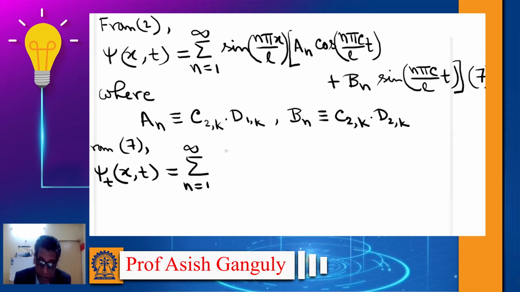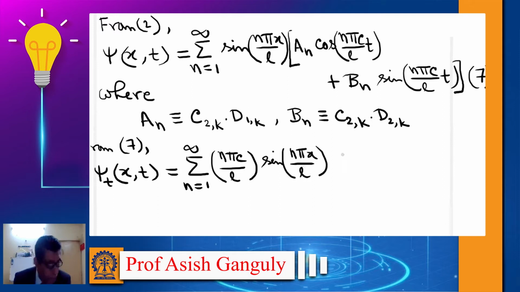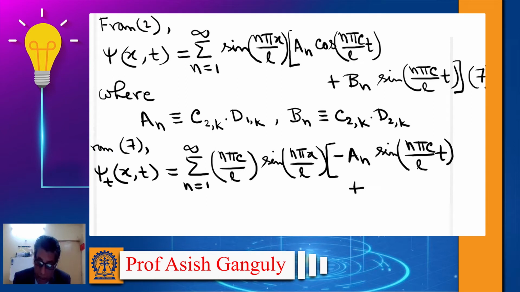So n pi c by L, sine n pi x by L times minus An, naturally, sine n pi c by L t, plus Bn cos n pi c by L t.